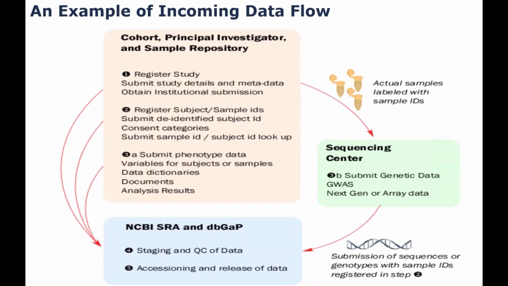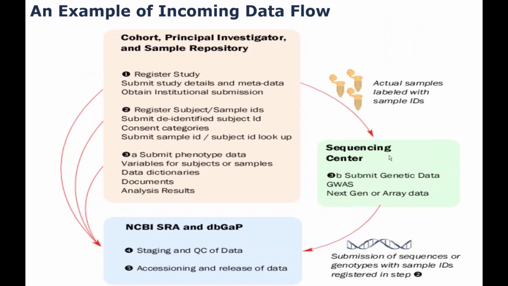Getting into how data comes into dbGaP in the broad sense. This is a typical example. Often we have the phenotypic and study metadata information come in from a cohort or principal investigator that has access to the samples and actually the people behind the samples and their information.